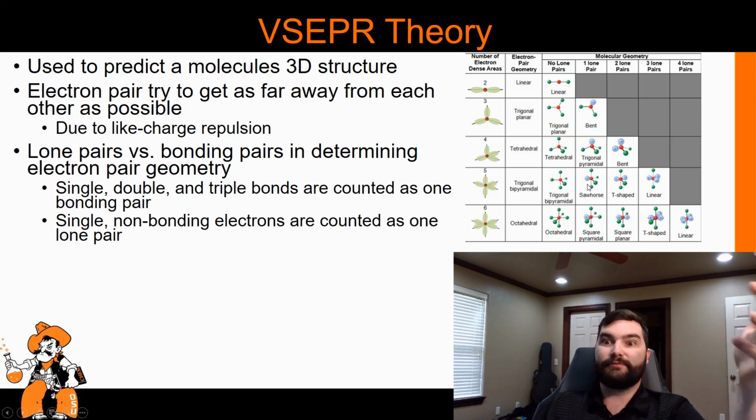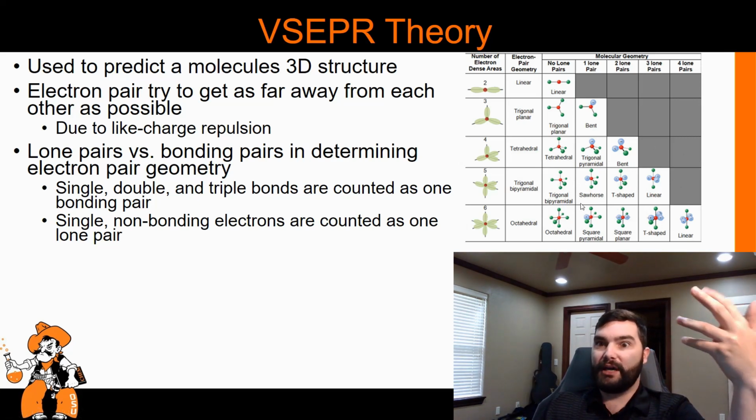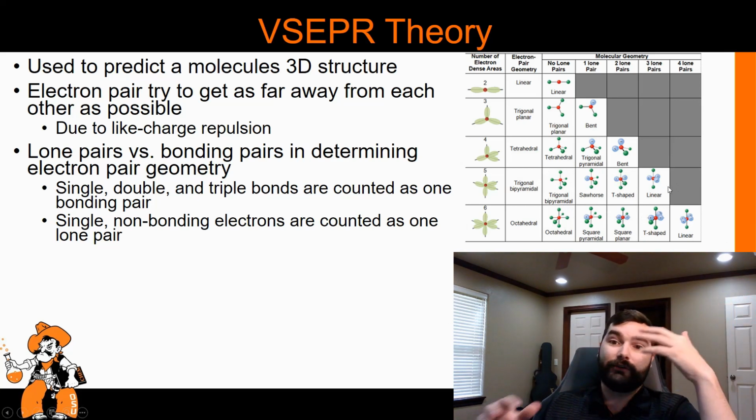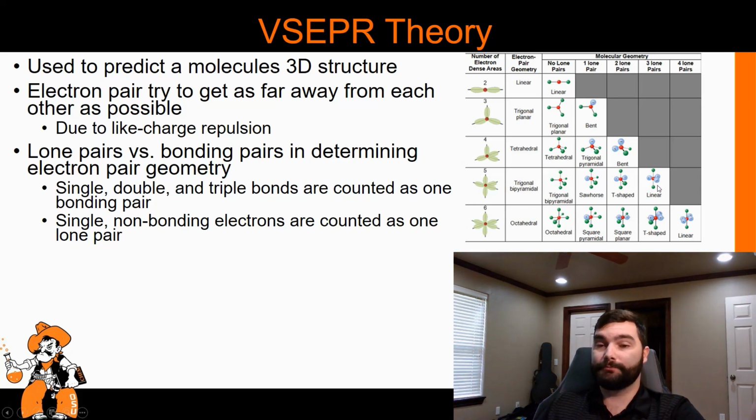All you can see is the effect it has on the shape of the molecule. Same thing with T-shaped. You replace two bonding atoms with lone pairs. Now you have T-shaped. And you replace a third atom with a lone pair, you now get a linear molecule.